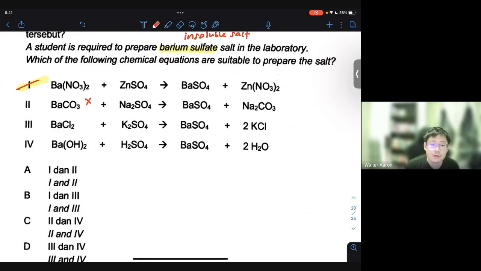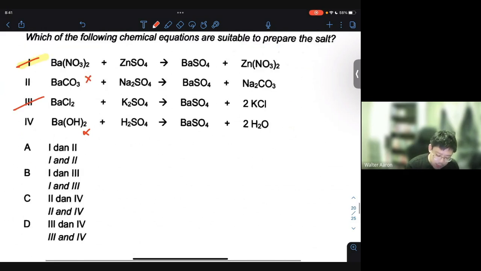BaCl2 plus K2SO4 also can because barium chloride is soluble. And barium hydroxide is not soluble, so it cannot be used also. So the best answer here will be 1 and 3. So soluble salt plus soluble salt gives insoluble salt plus soluble salt. That's what we call double decomposition.